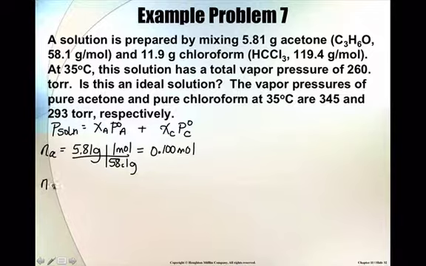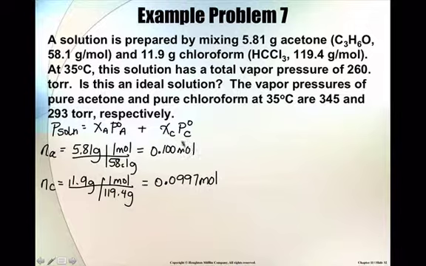The next one I want to do is my moles of chloroform. I have 11.9 grams of chloroform. They gave me that it's 119.4 grams per 1 mole. And if I do that calculation, it comes out at 0.0997 moles.